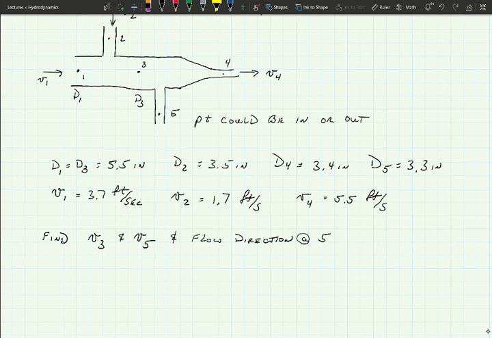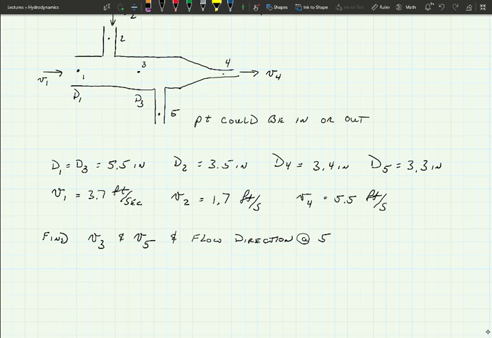Now, 4 is going out. Okay? So we know the velocity at 4. We know the area at 4. So we know the discharge flow going out of this problem, right? Yep. Cool.